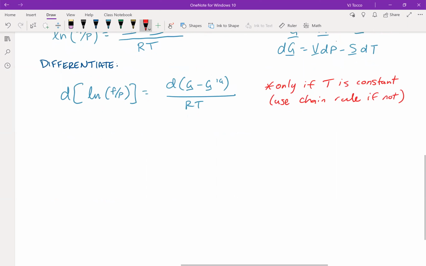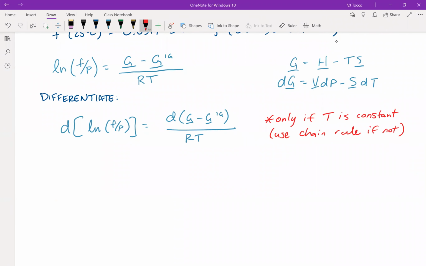Okay, so now we've got a change in Gibbs minus ideal Gibbs term. So how do we go about calculating that? Well, we can use the same fundamental property relationship that I just wrote above, keeping in mind the fact that there is no change in temperature.